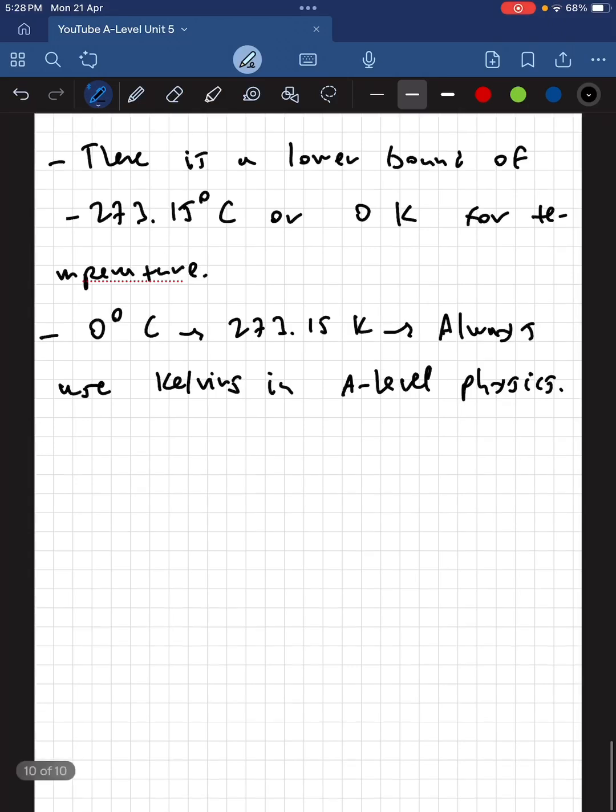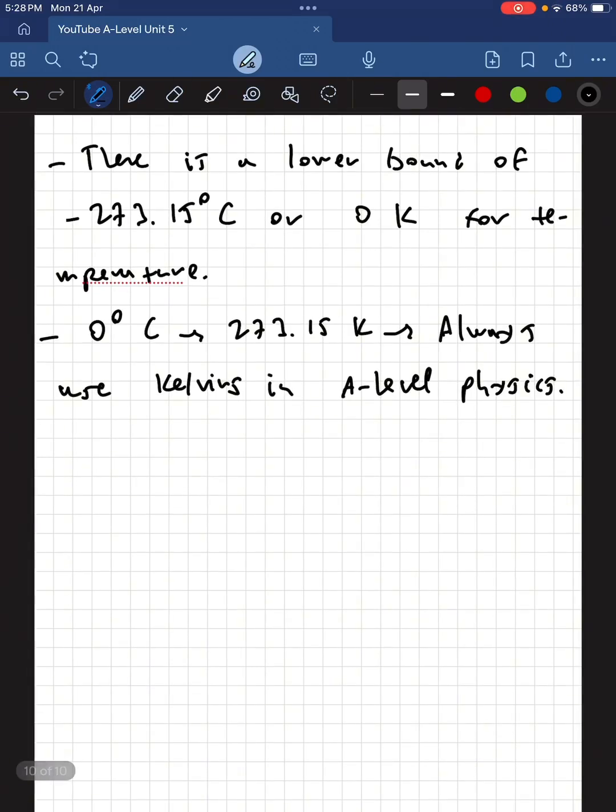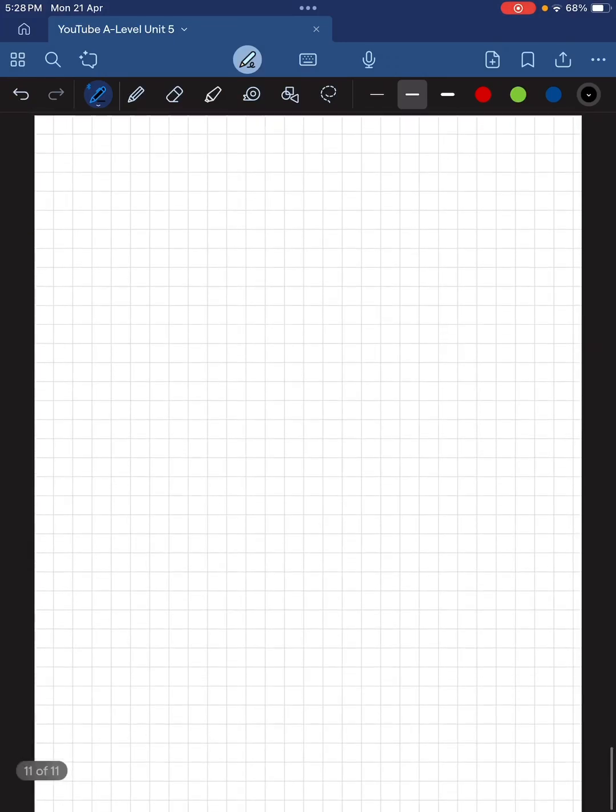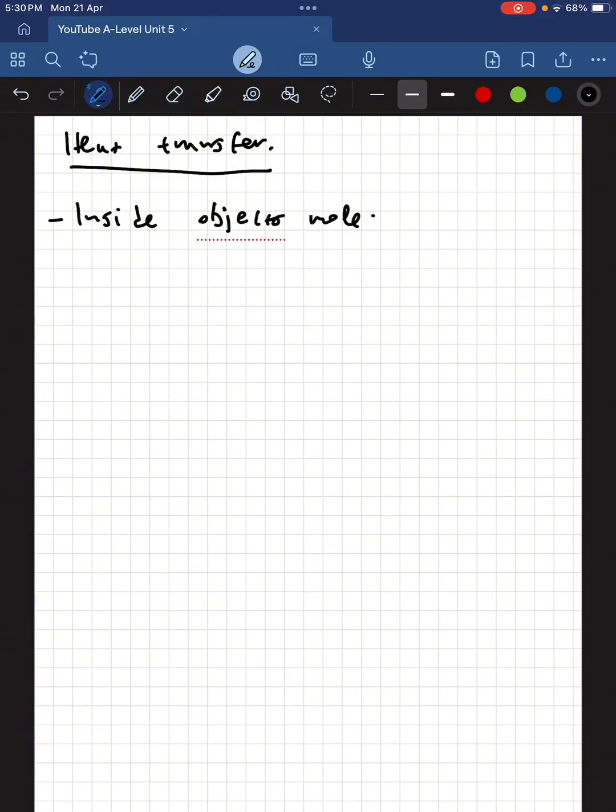All right, this is all I wanted to talk about related to temperature and heat. Now let's talk about heat transfer, which is the next topic. Now, we saw how inside objects, molecules or atoms vibrate.